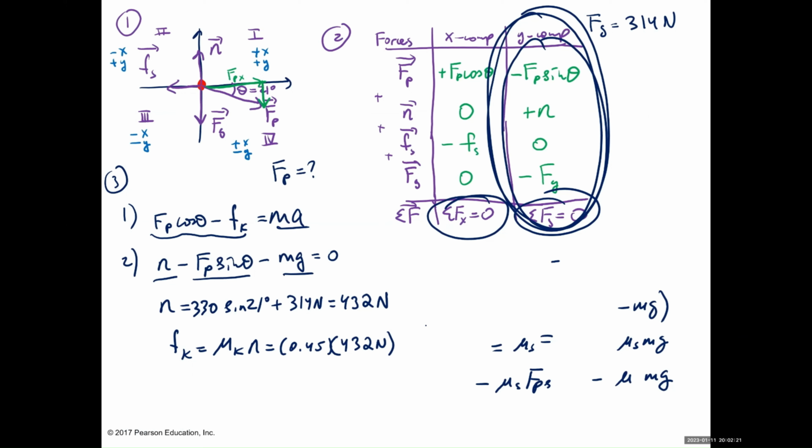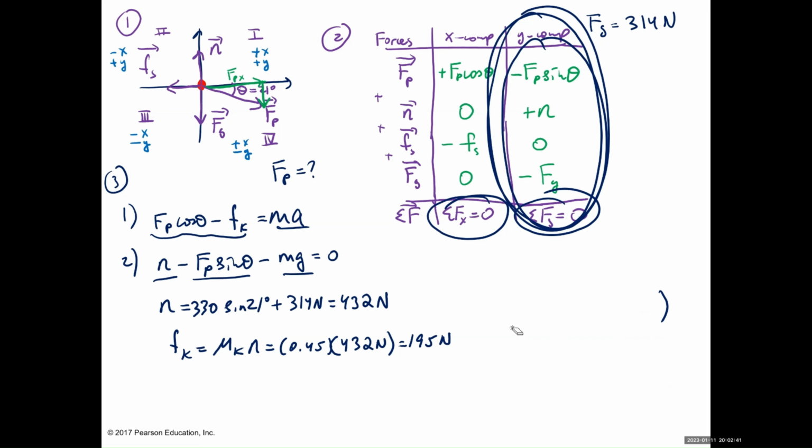All right, I get 195. That means you can see, before the static friction was 250, but kinetic can only go as high as 195, because it's always going to be less than static friction.